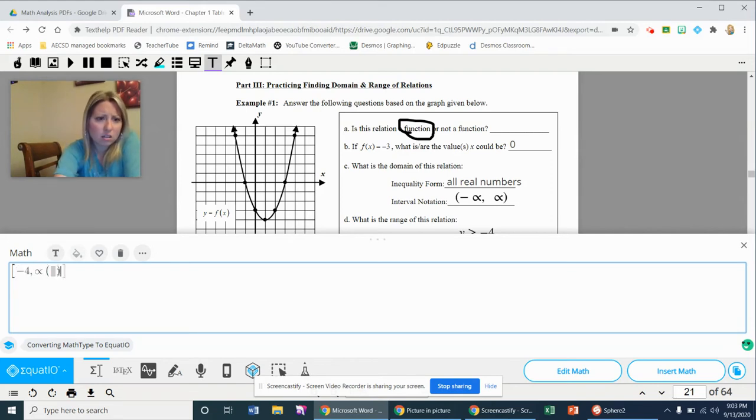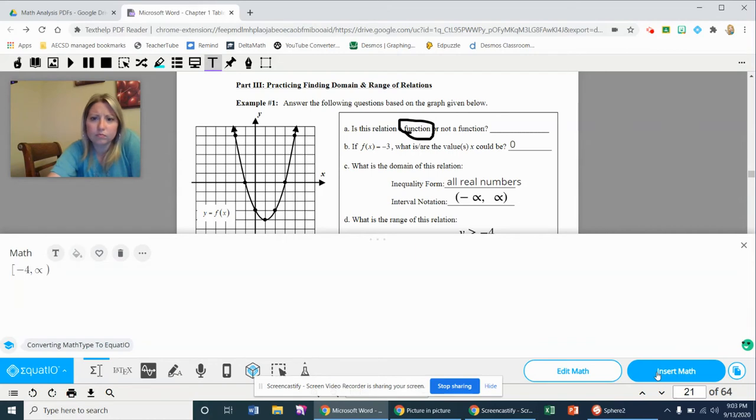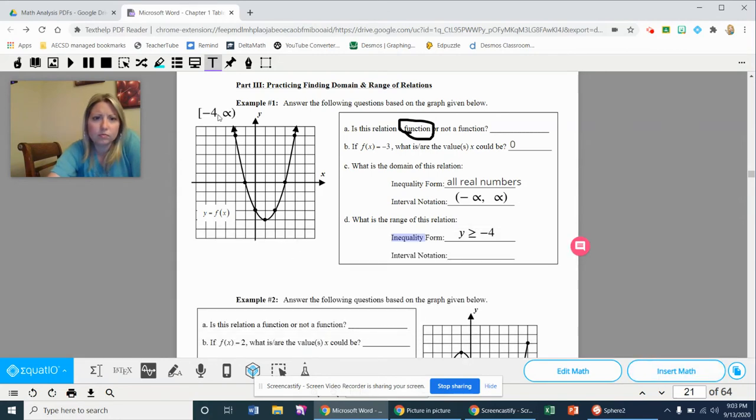Okay, insert. Half the battle is just figuring out this math type. It's not in my laptop. It's on the internet instead. And there we go. All right. That's what we're looking at.